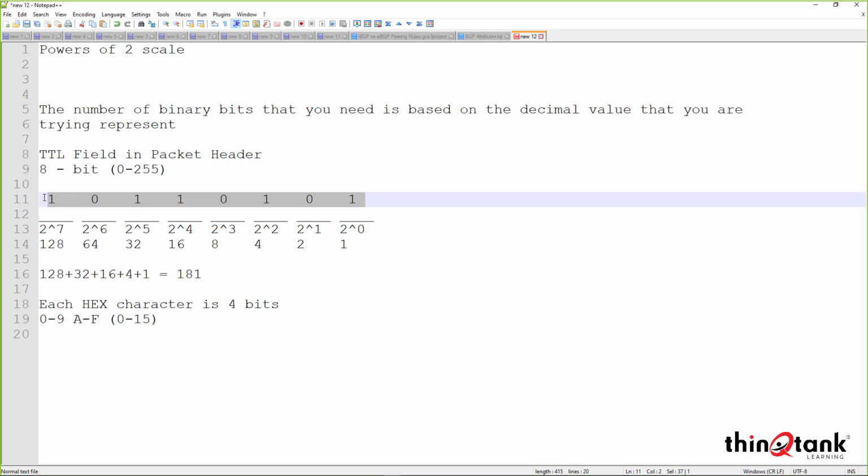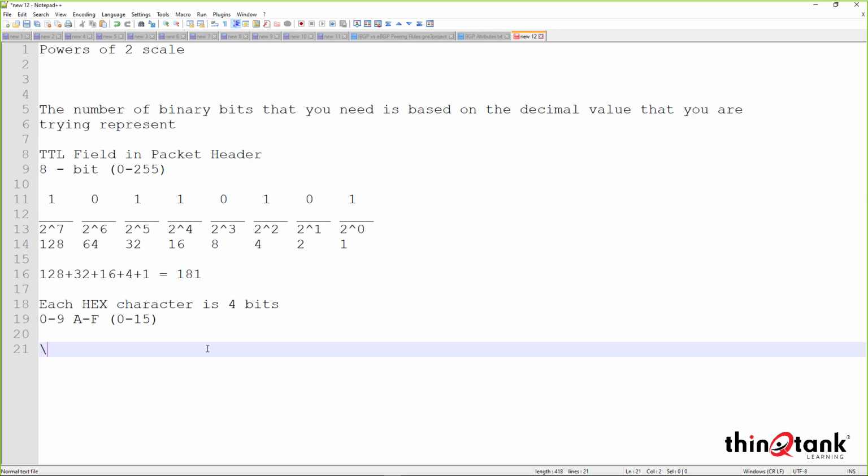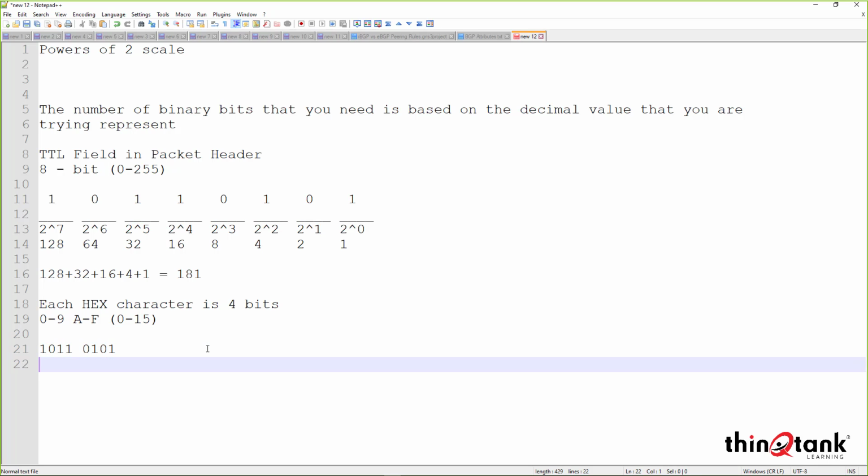We take the binary string, right, and we put that binary string together. Let me get rid of all the spaces here. And from the right to the left, we put those values into what we call nibbles, which are 4 bits each. And then we simply convert those individual nibbles to their equivalent hexadecimal value.